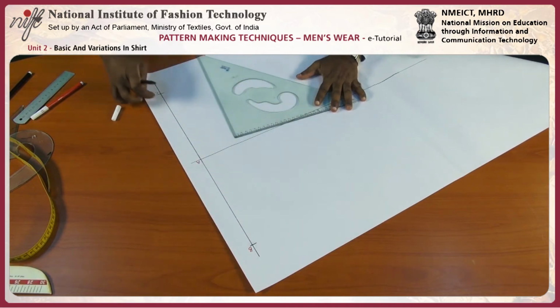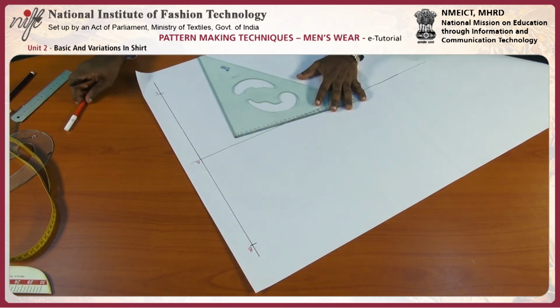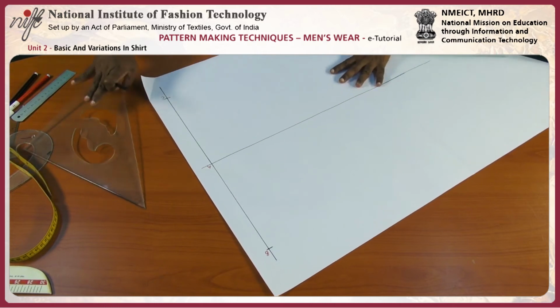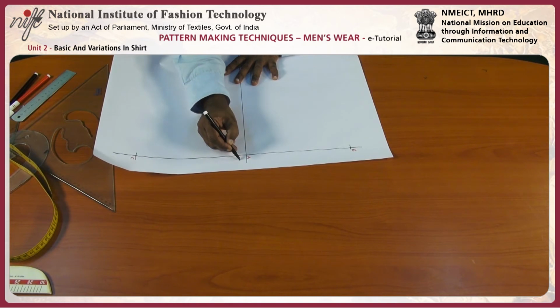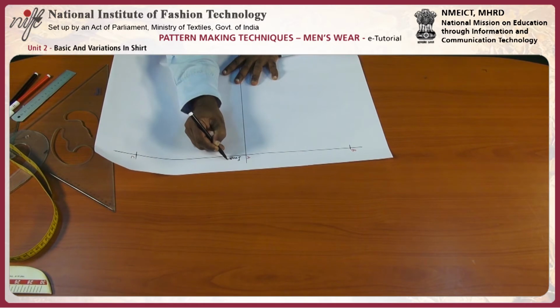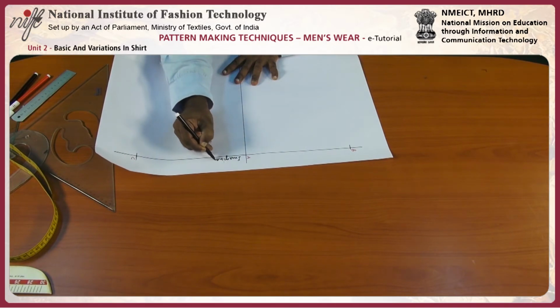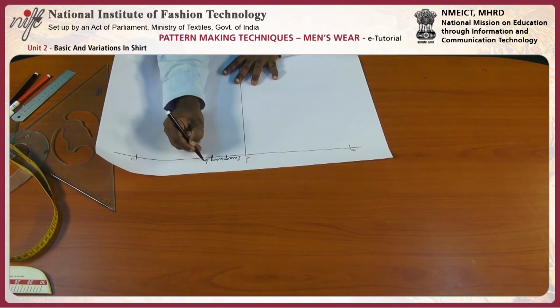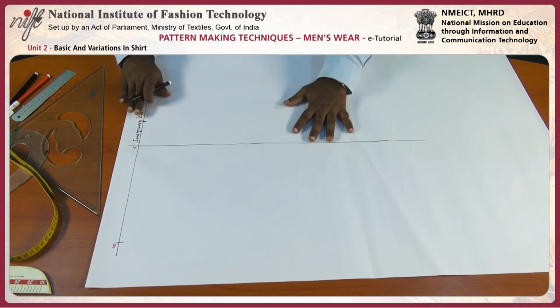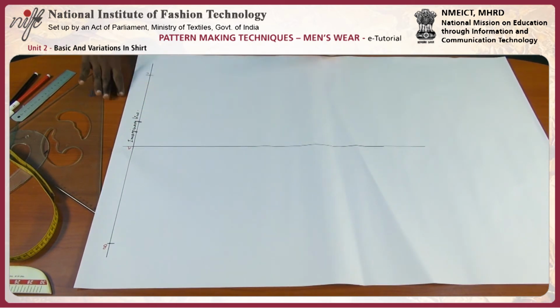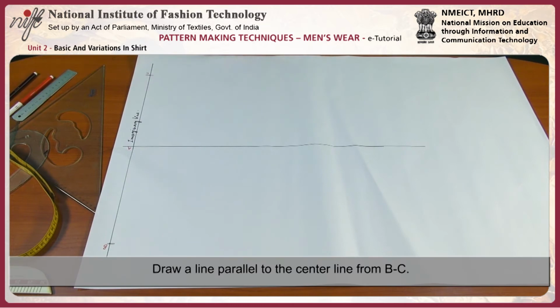That is, total line BC is an imaginary line. Then draw a line parallel to the center line from point B and point C.